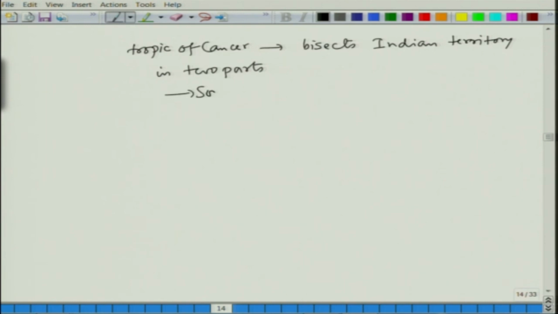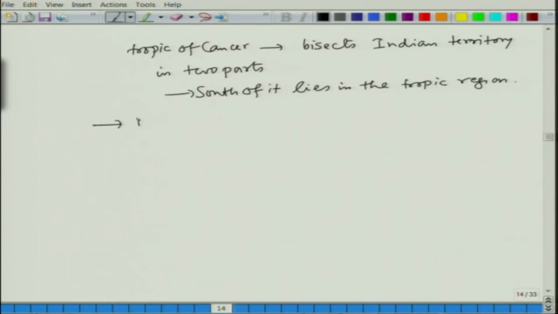South of it lies in the tropical region. I am standing here at Kanpur, and Kanpur is just above the Tropic of Cancer. So, below Kanpur or below Jhansi, all the part of India is in the tropical region, but above that, like in Kanpur, in Kashmir, everything is in the temperate region.